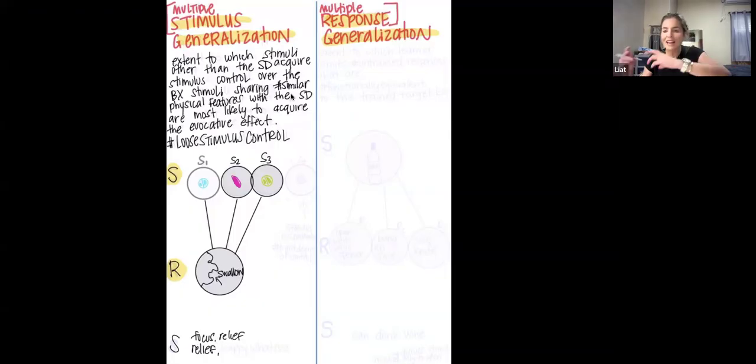Whatever it is, the idea is that I know how to take a pill. Okay? One response, swallowing, and multiple stimuli. If you see multiple stimuli and there's one response, that means it's stimulus generalization. Okay? Cool.